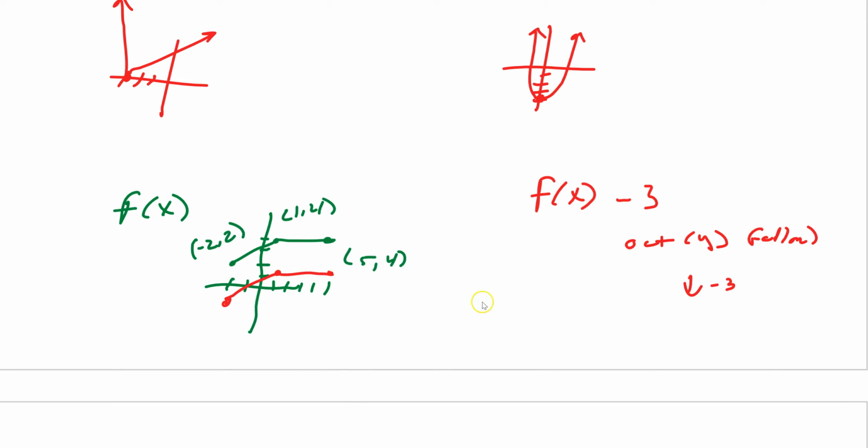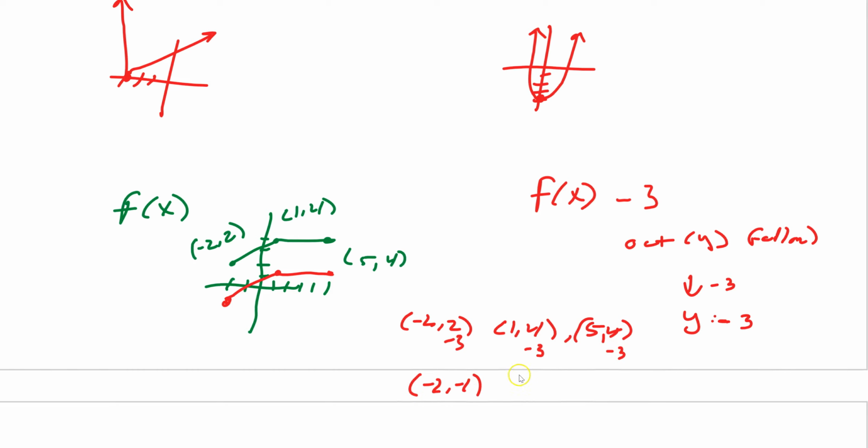Another thing you can do though, is use the actual points, right? So this is saying, hey, on my y, move it down 3. So if you get your points here, which are -2 and 2, 1 and 4, 5 and 4. If you just subtract 3 from all the y values, you get the points -2, -1, 1, 1, and 5, 1.